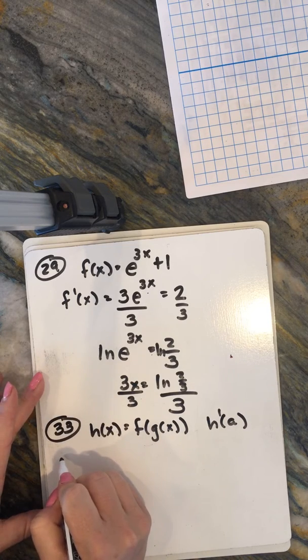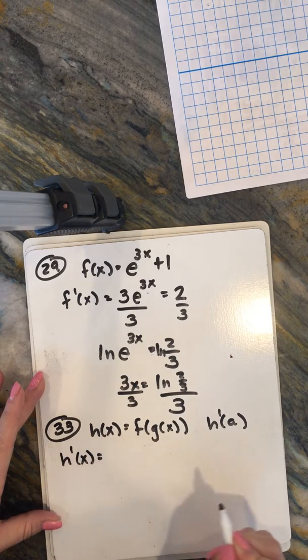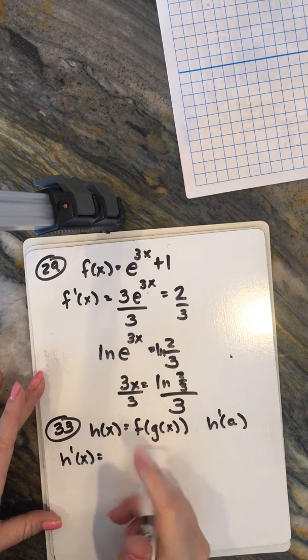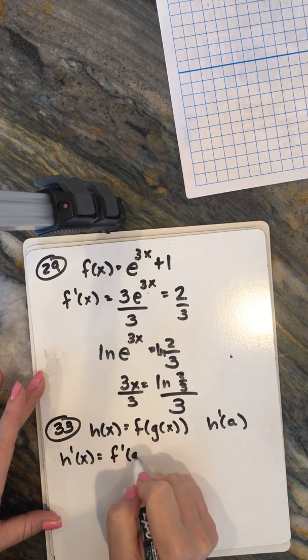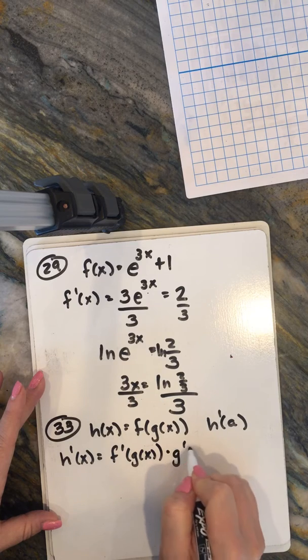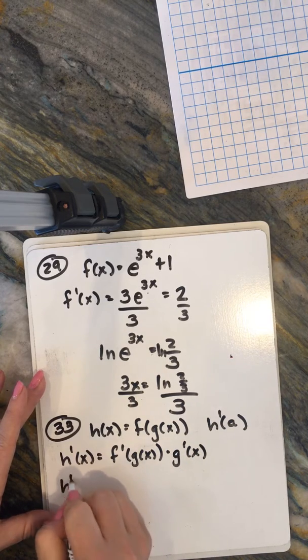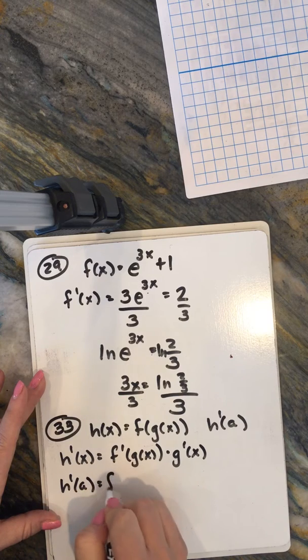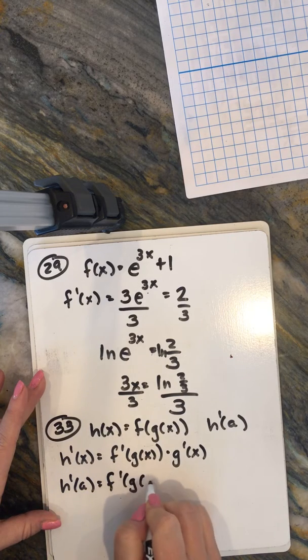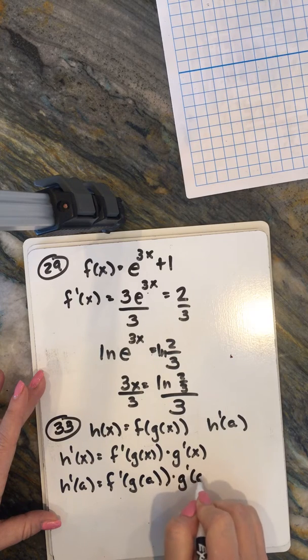So h prime of x, let's think about derivatives of chain rules. You do the derivative of the outside, so f prime of g of x, times the derivative of the inside, g prime of x. And we're looking for h prime of a, so f prime of g of a times g prime of a.